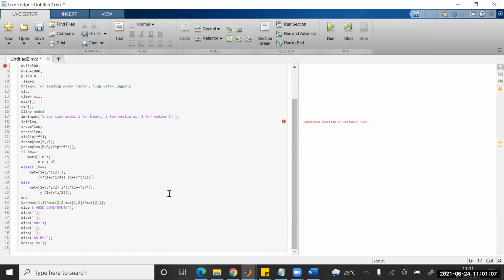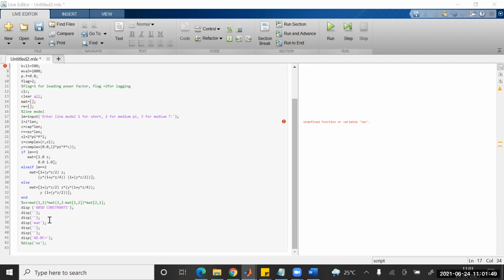Now there would be small changes that we have to make. Okay, we are not getting the value. So there is a small error in this.